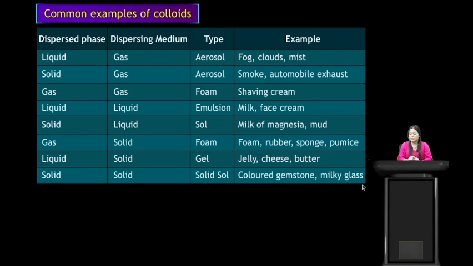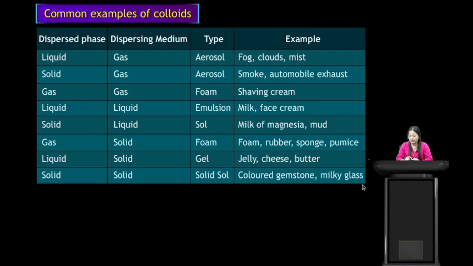The next property of colloids we have seen is that they do not settle down. The particles of the colloidal solution do not settle down even if left undisturbed. So from here we can say that colloidal solutions are quite stable. Like solutions have two components, solute and solvent, the colloidal solution also has two components known as the dispersed phase and dispersing medium.